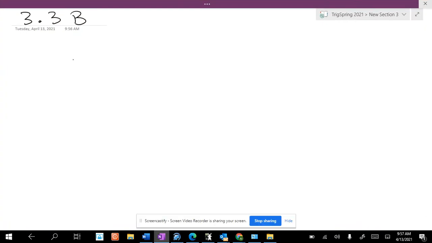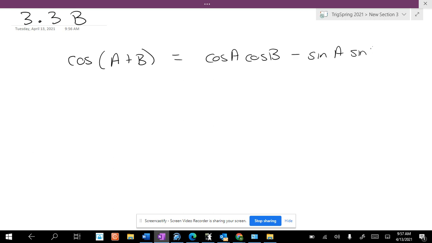Okay, so you know that the cosine of a plus b equals cosine of a cosine of b minus sine of a sine of b, and the cosine of a minus b equals the same thing, but a plus sign in between.